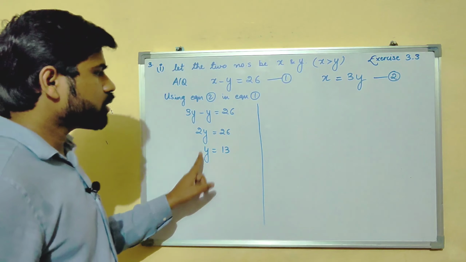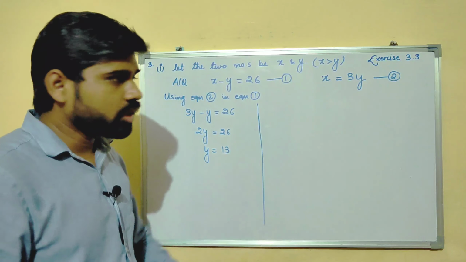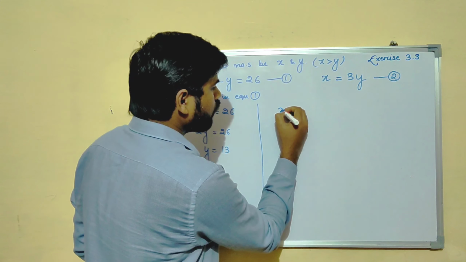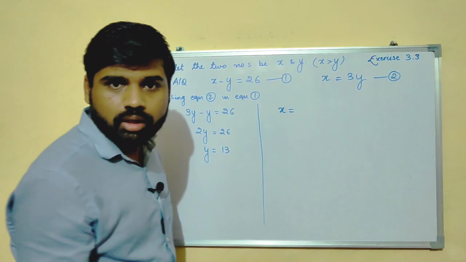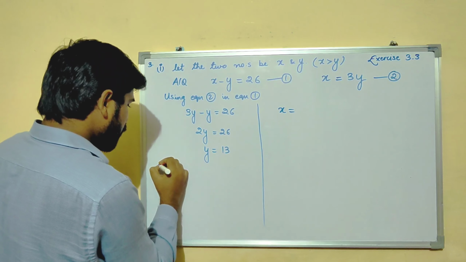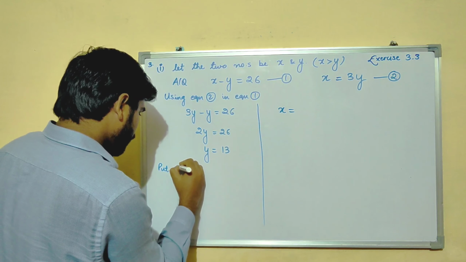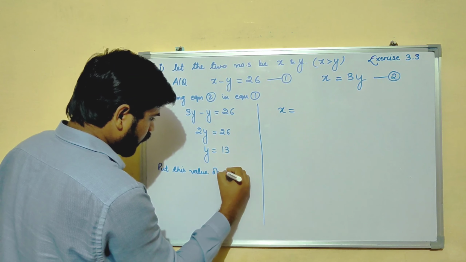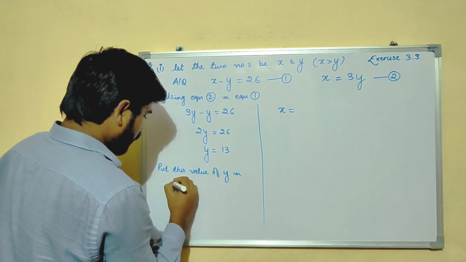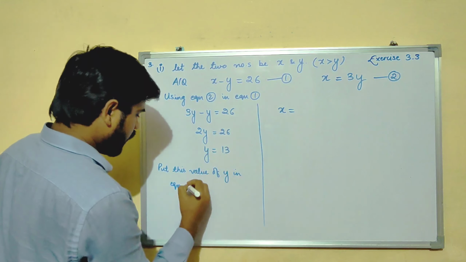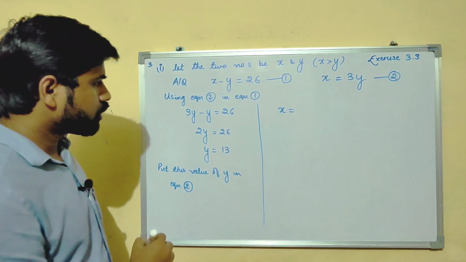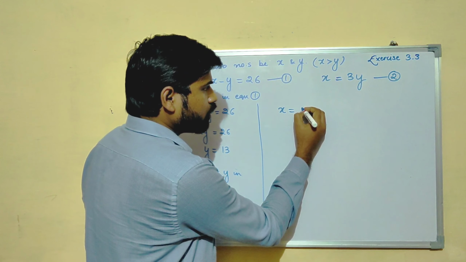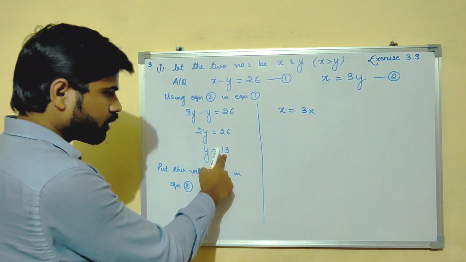Now substitute this value in any of the equations so that we can find the value of what? x. Okay, so put this value of y in equation, let's say, second. So x is equal to 3 into 13.